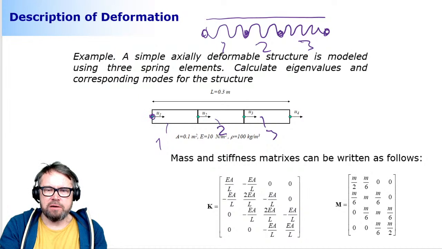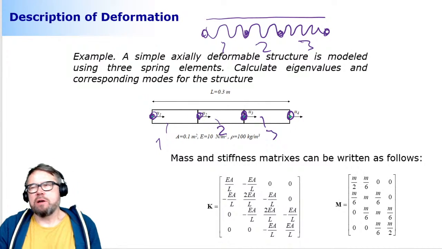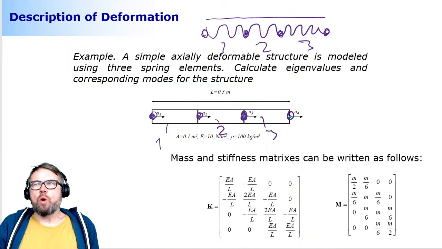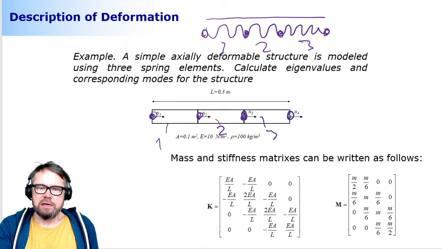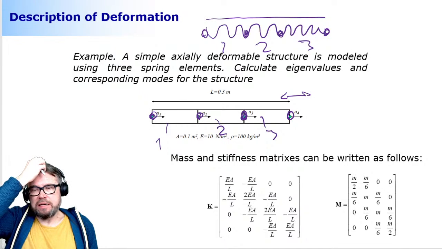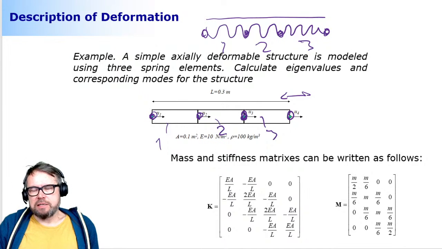And then I have here 1, 2, 3, 4 nodal locations. Each of these nodal locations has only 1 degree of freedom, because these nodal locations can move only one way, back and forth along the x coordinate axis. Okay, so that's the setup here.